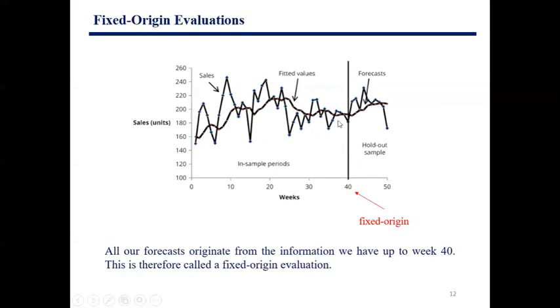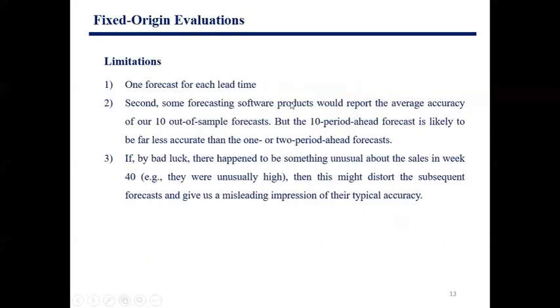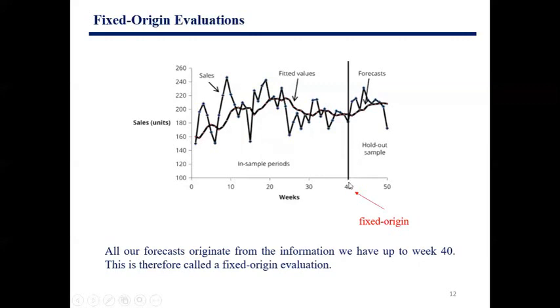But this way has limits. The first is that we will have one forecast for each lead time. What we mean by lead time is, for example, here you are at week 40, and the forecast we have for week 41 is a forecast with a lead time of one period, because between 41 and 40 there is one period.